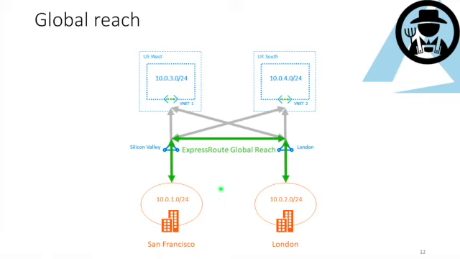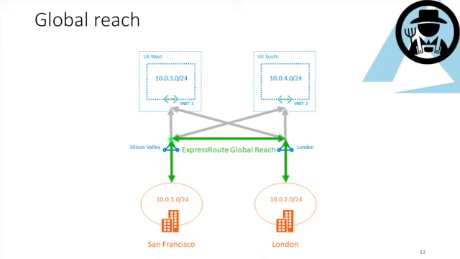Now, the Global Reach I skipped, so let's talk about that. What Global Reach lets you do is, let's say you have an office in San Francisco and you have an office in London. So you have an ExpressRoute in both locations which connects you to your respective Azure regions, right? Now, what you want to do is use Microsoft's space to connect these two offices with each other. And that is what Global Reach lets you do.